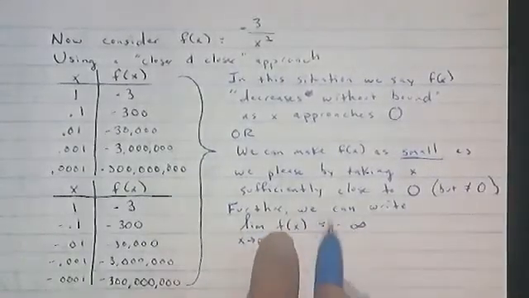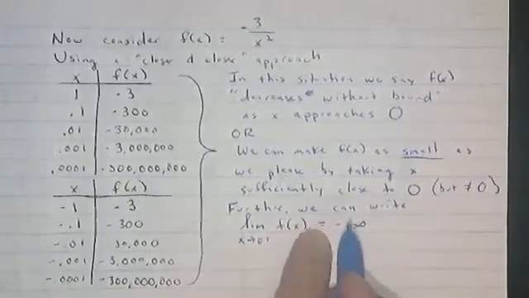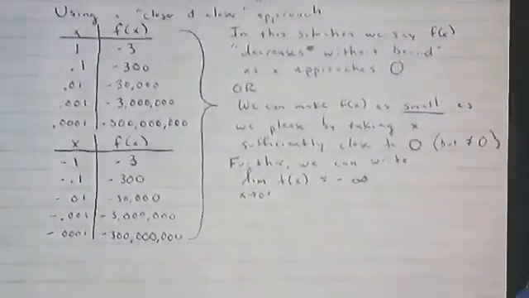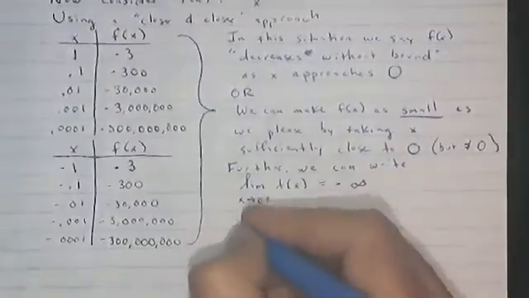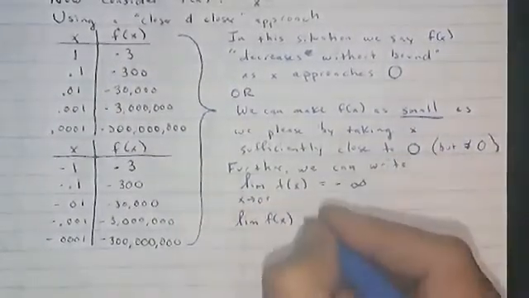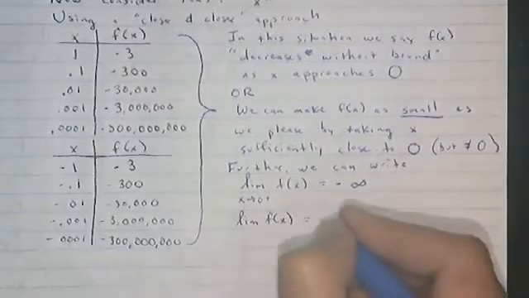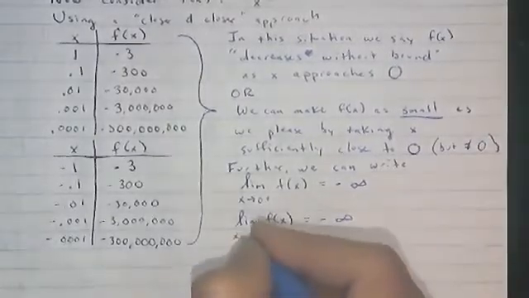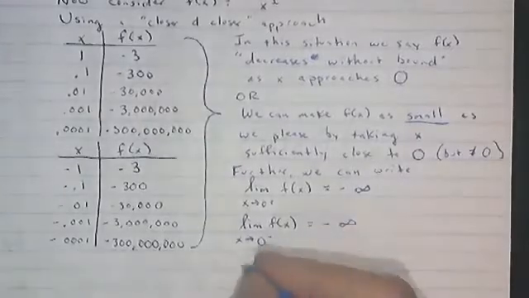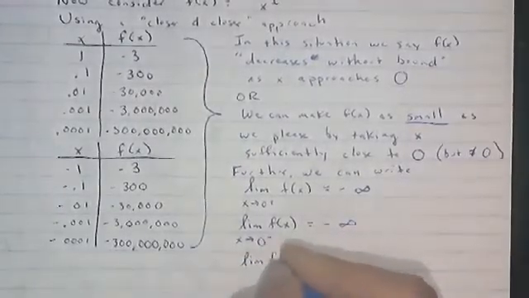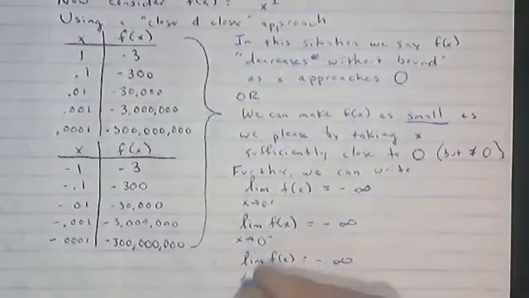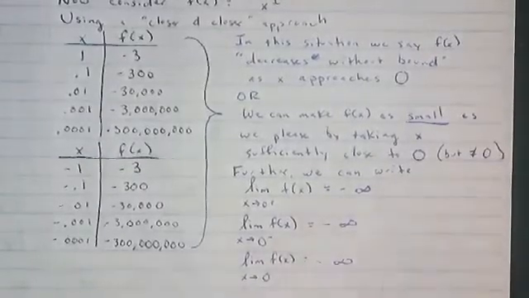I'm not saying that the limit of f of x equals negative infinity, because it doesn't. It's just the best we can do with our notation. Or that the function f of x approaches negative infinity as x approaches 0 from the left. And then finally, the function decreases without bound as x approaches 0.